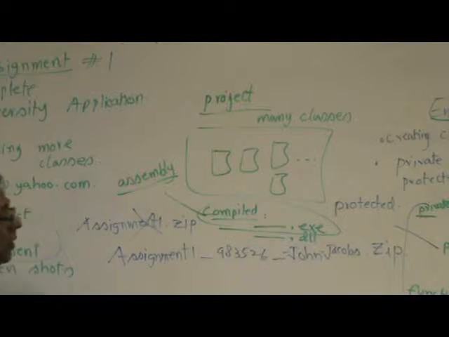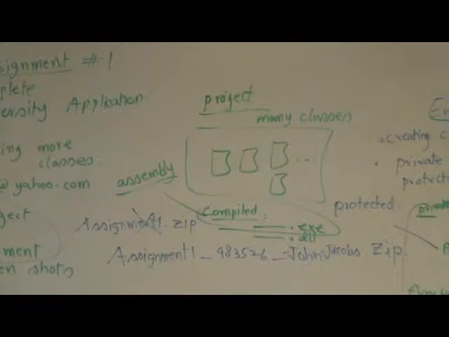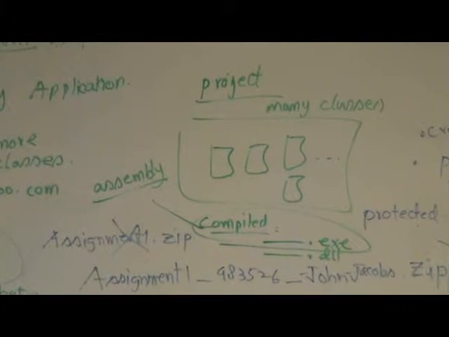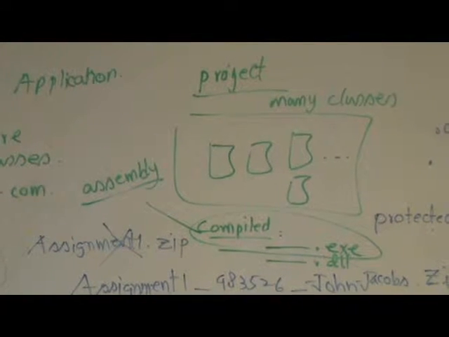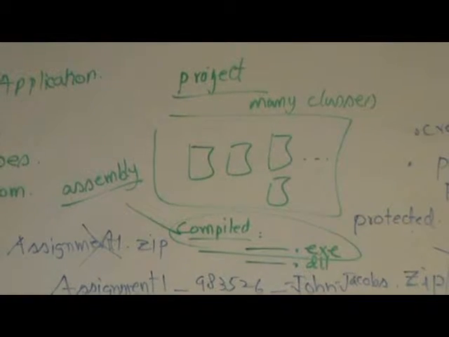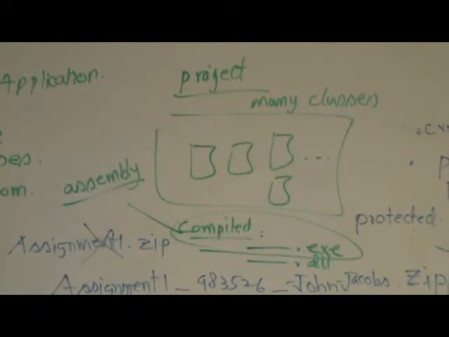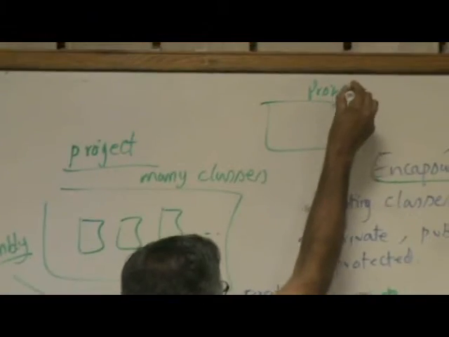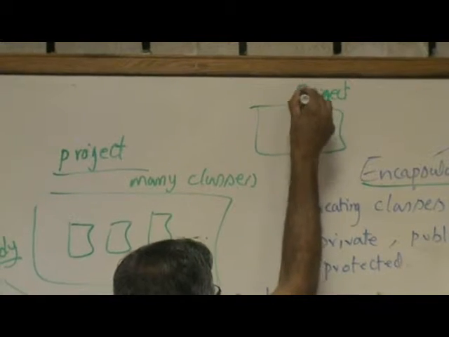Sometimes, as our projects get bigger and bigger, we create many assemblies inside of our project, meaning there could be many executables or DLLs in our project. Let's say this is one project, and here's another project, which is part of a bigger project.